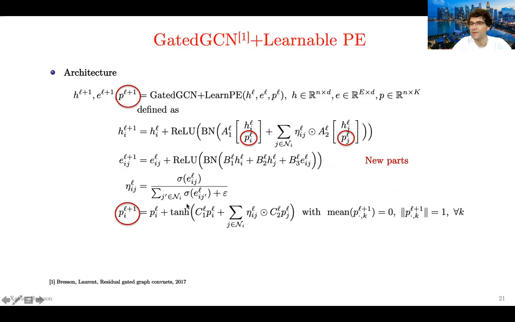So there are different possible GNNs. Let's take one, which is our previous work, Decade GCN, and let's augment it with learnable positional encoding.